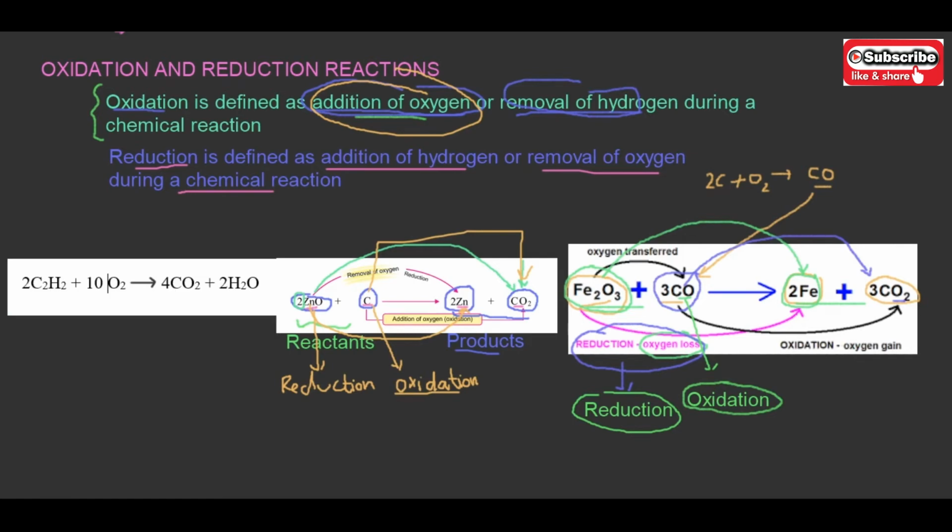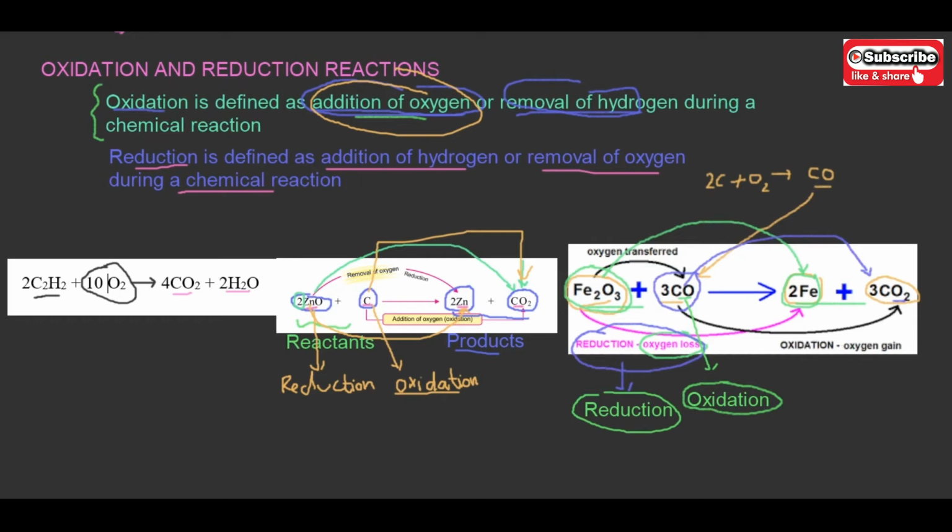Now we have another example in terms of oxidation and reduction. In this case we have C2H2. Now this C2H2 is known as acetylene. Whenever this acetylene reacts with oxygen, it produces carbon dioxide along with 2 molecules of water.